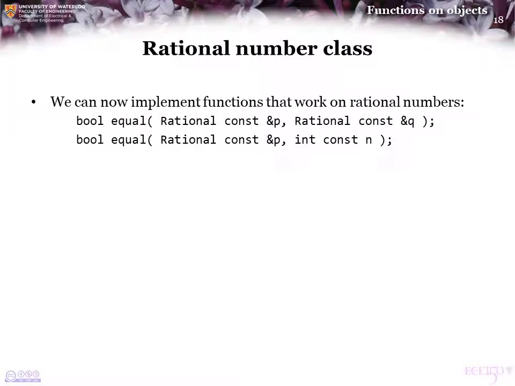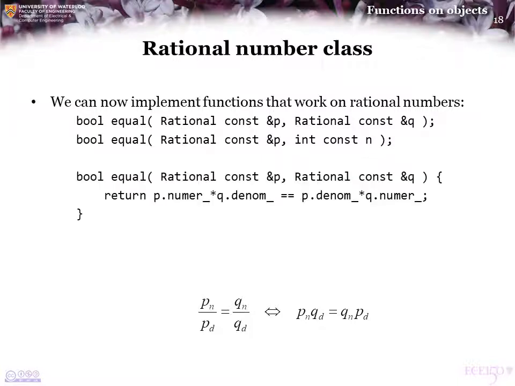Now, let's write some functions to determine when either two rational numbers are equal or a rational number is equal to a given integer. From elementary school, you know that two rational numbers are equal if, when you cross multiply, the numerator of the first times the denominator of the second equals the numerator of the second times the denominator of the first.